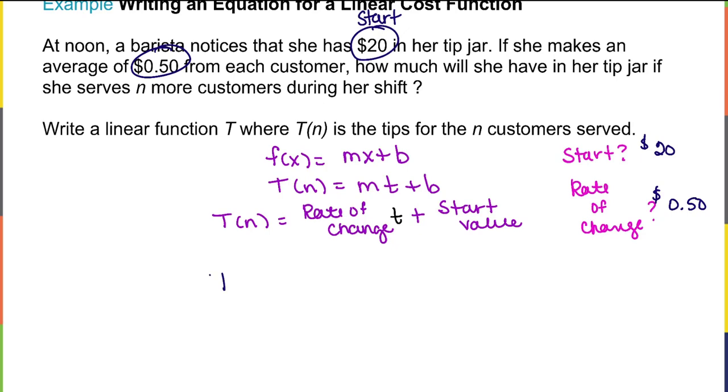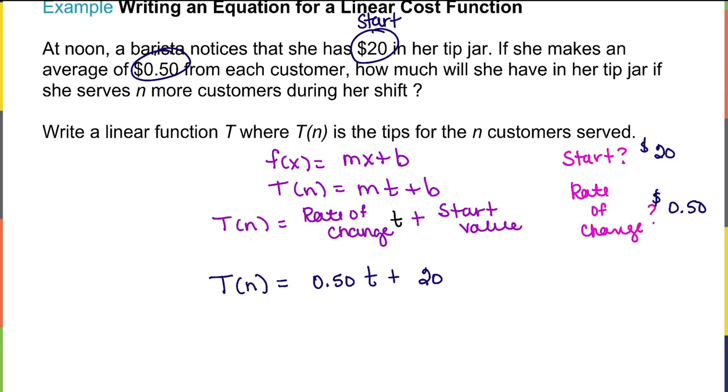So if we were to fill this in, T of n, the tips as a function of the number of customers, is her rate of change, which is 0.50 times n, plus the starting value, the amount that started in the jar, which is $20. And there we go. We have represented this word problem. So this function that is represented with words, we have now represented that same function in function notation.